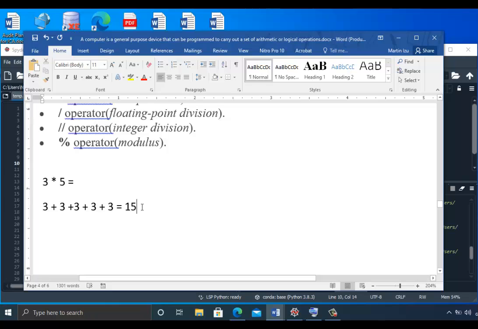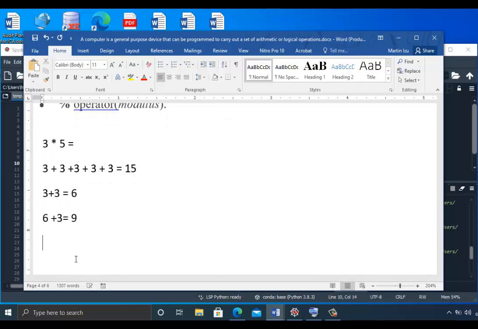Let's break it down. The first one, 3 plus 3 will give us what? 6. Then we come down again, 6 plus 3, that's the third 3, which is this one, will give us what? 9. Then we go to the fourth one. 9 plus 3 will give us what? 12.